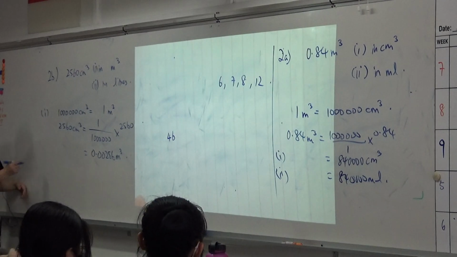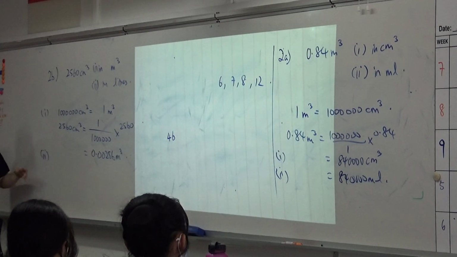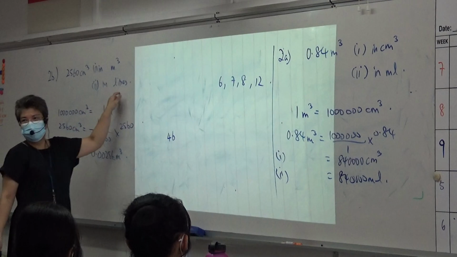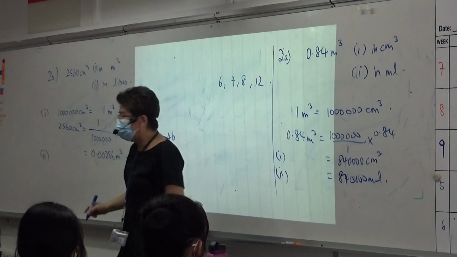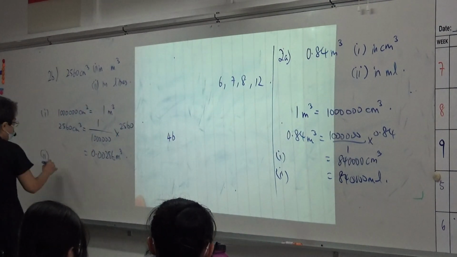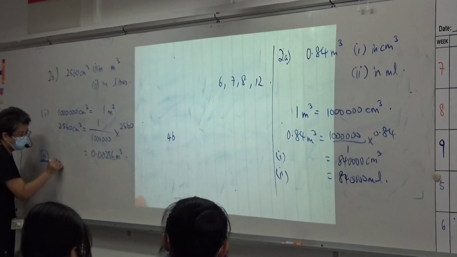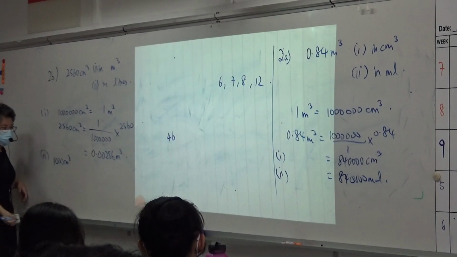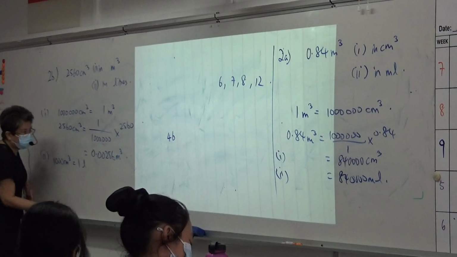Okay, part 2. Part 2, what do they want? Can you tell me? In what? In liters. How many cm cube is 1 liter? 1000 cm cube is 1 liter, right?